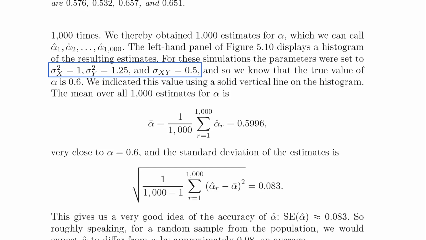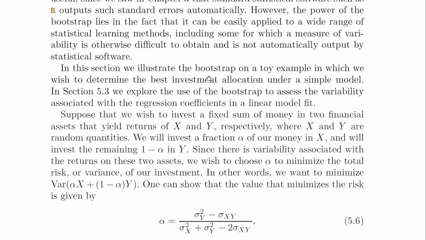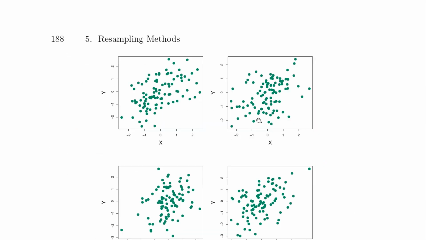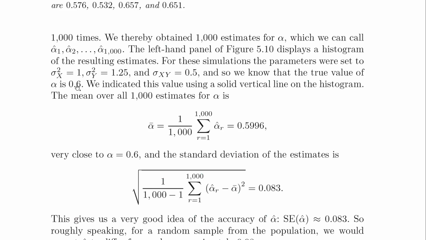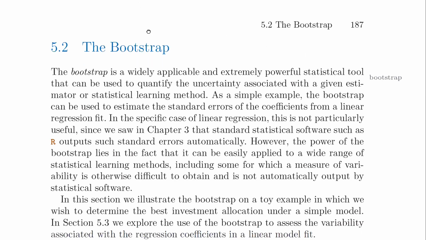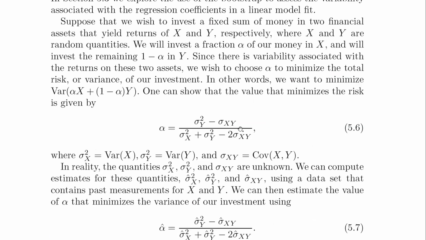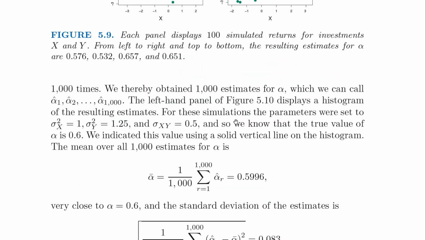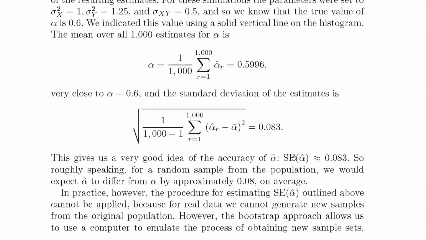So how's the 0.6 being calculated? You're just substituting these three values in the formula, and you get 60%. So to minimize the uncertainty within this formula is suggesting a 60% allocation to asset X and a 40% allocation to asset Y. And then you calculate the standard deviation.